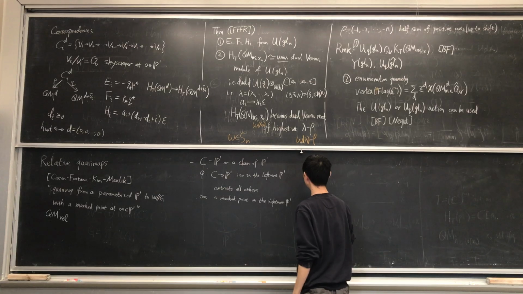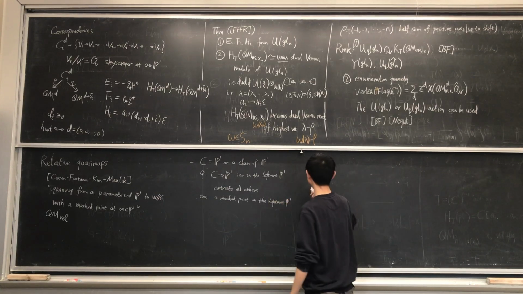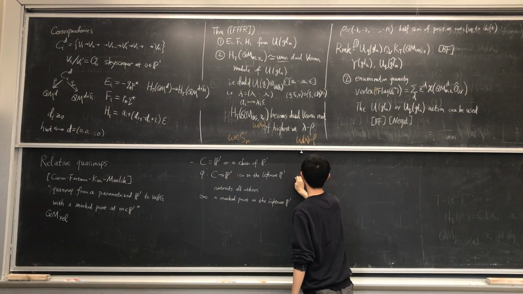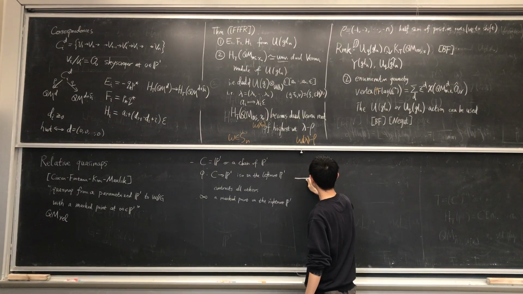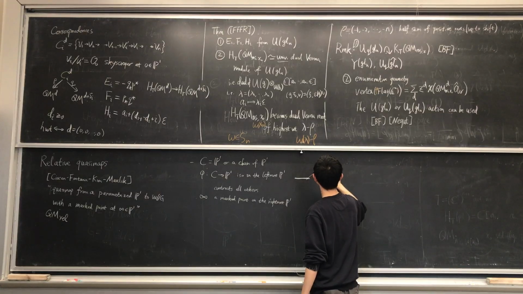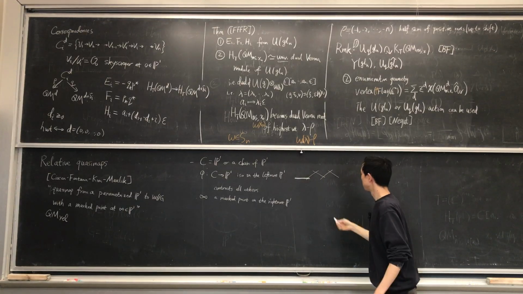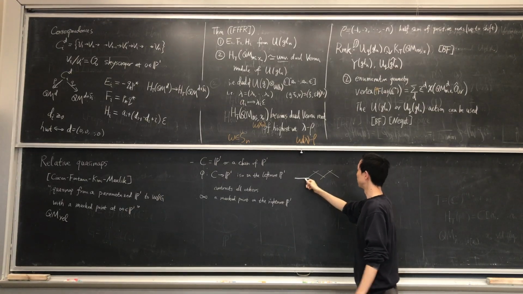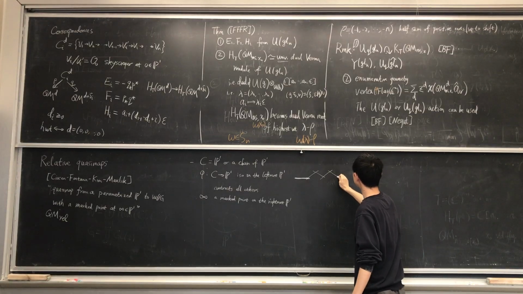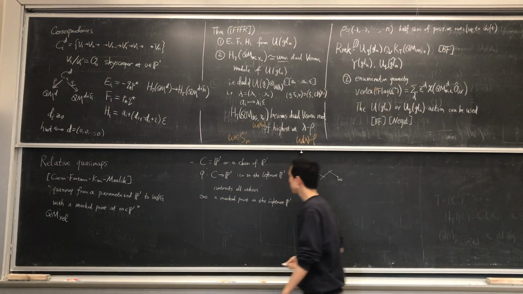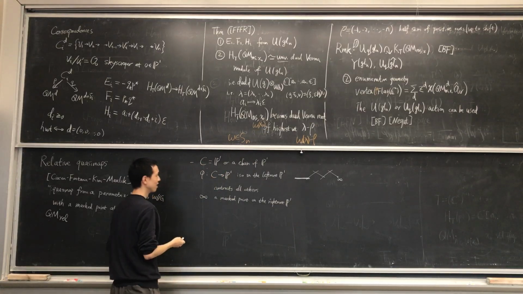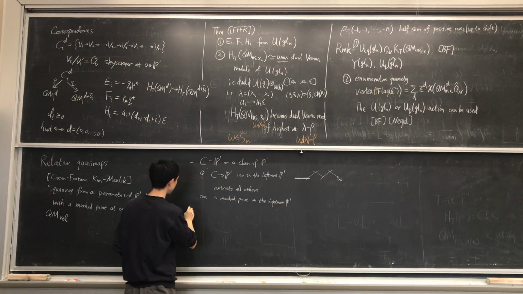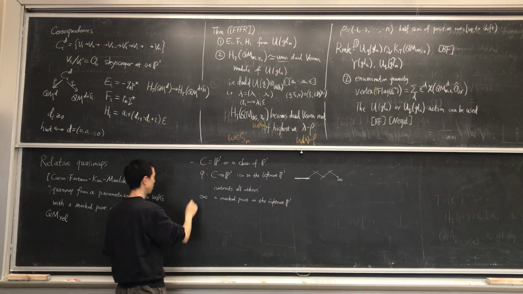And so pictorially, I usually draw it this way. So this is a parameterized P1. And then it bubbles up to become a nodal curve of a chain of P1. And there's an infinity on the rightmost one. And so it's a quasimap.